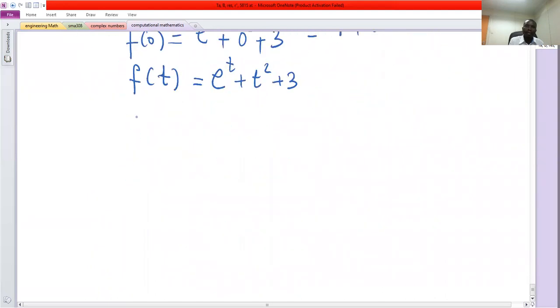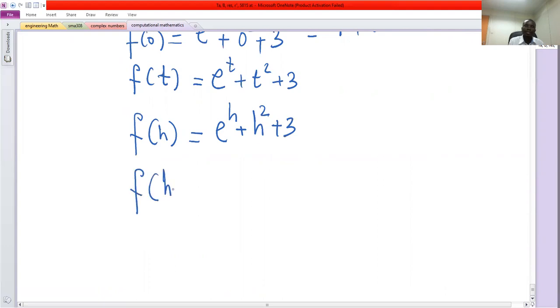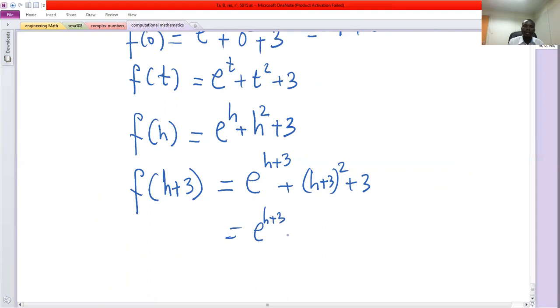If you were to define f of h, then we have e raised to power h plus h squared plus 3. If you define f of h plus 3, then we'll have e raised to power h plus 3 plus h plus 3 squared plus 3, which will be e raised to power h plus 3.